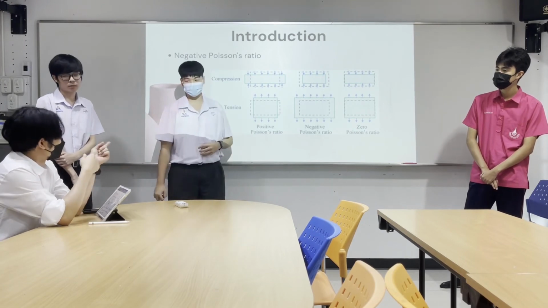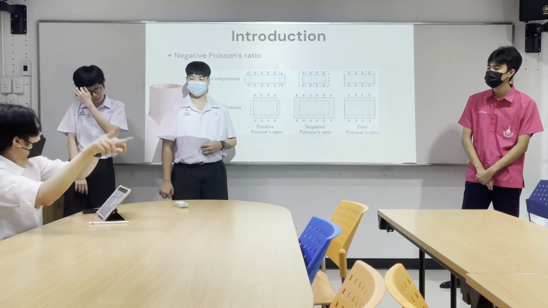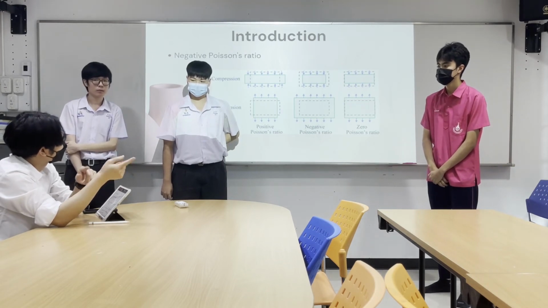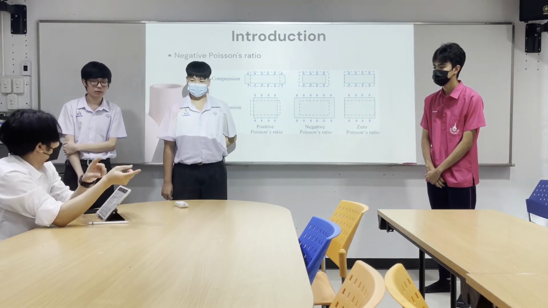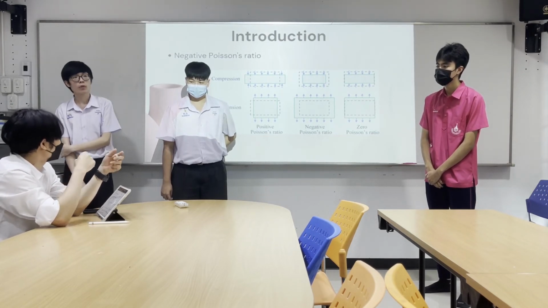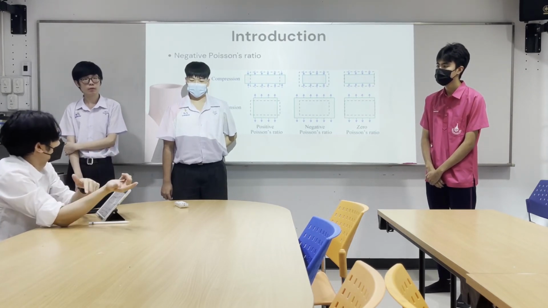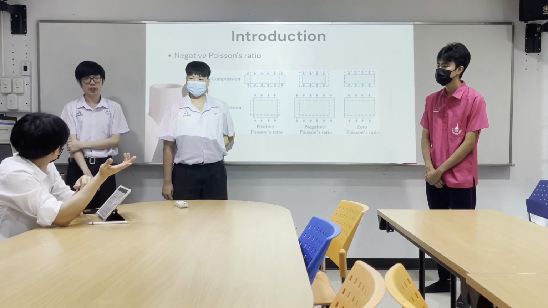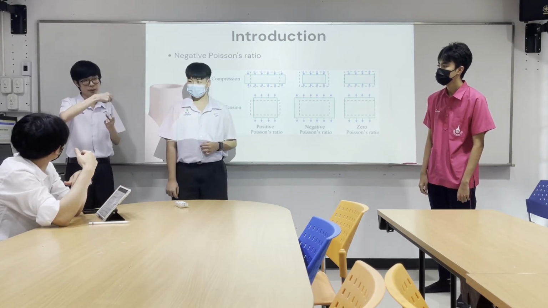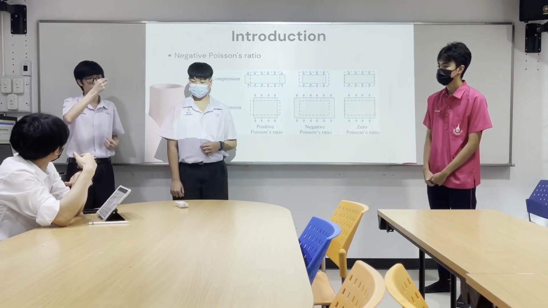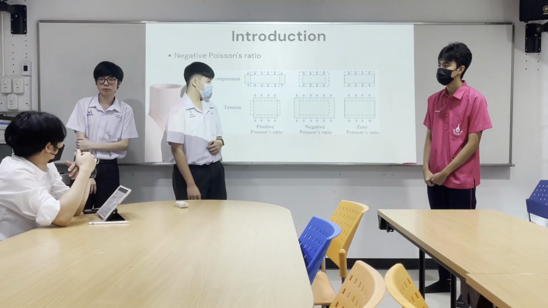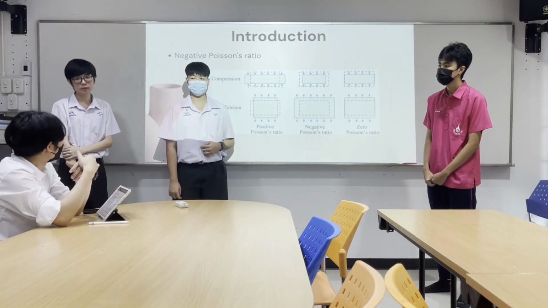So you designed that kind of triangle thing from your imagination, and you try to check that it matches that ratio, right? How can you check whether it's a yes or a no? We need to print it first. Okay, and then what? And then we stretch. If the other part stretches upward, that is the negative Poisson ratio. Okay. So you have your own condition in order to make it.